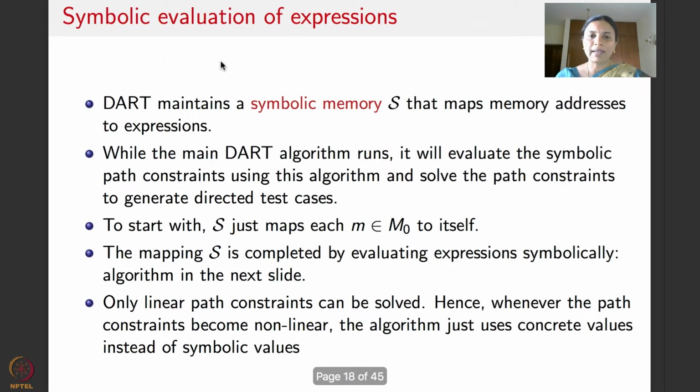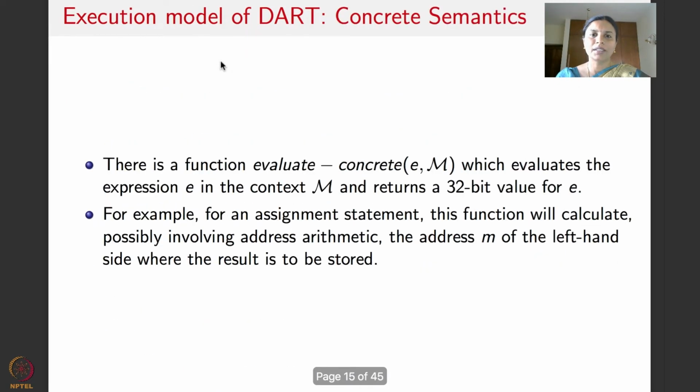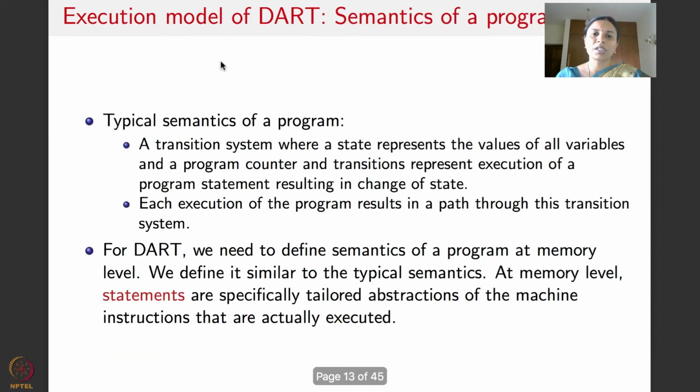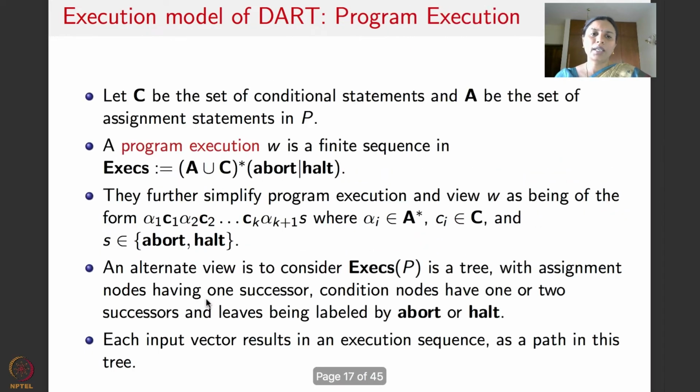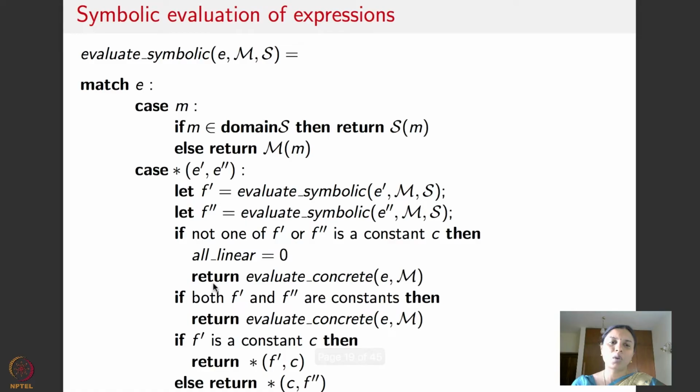If you go back and see, the various kinds of expressions could be just a variable, a constant, an arithmetic expression, a relational expression, a logical expression, or a pointer expression. I have written only multiplication, but as I told you in the last class, it represents all arithmetic operators. This represents all relational operators. This represents all logical operators. So we'll do a case-by-case analysis of how it happens.